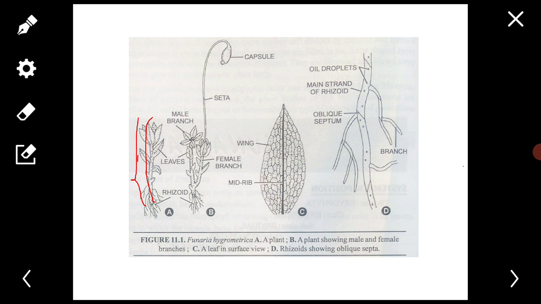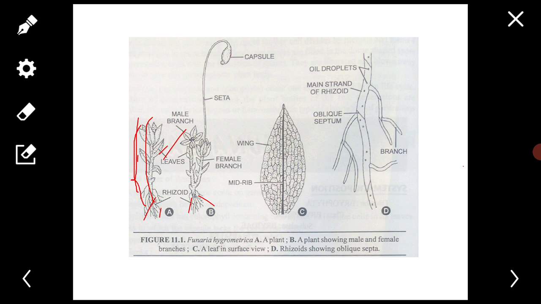The plant body of Funaria is differentiated into an erect axis, that is the stem, and spirally arranged leaves with numerous rhizoids. These are the rhizoids, which are attached at the base of the axis.